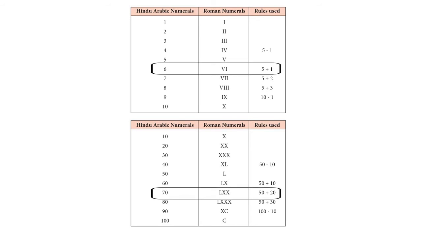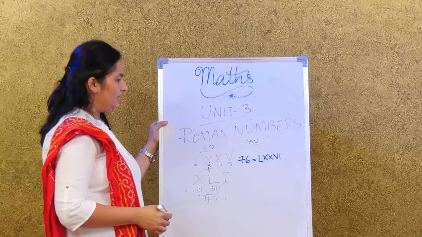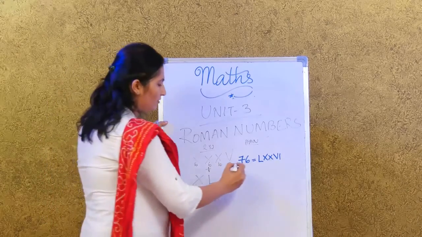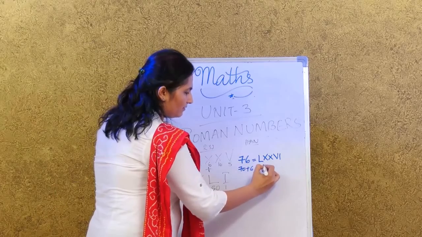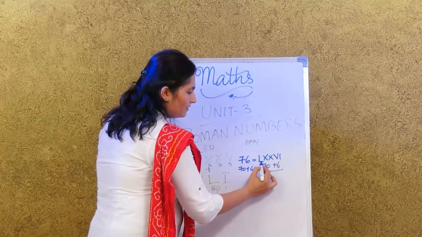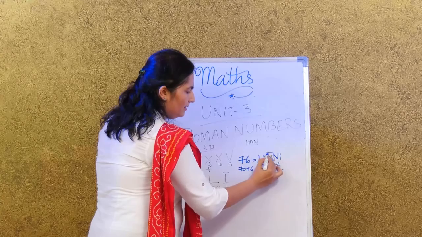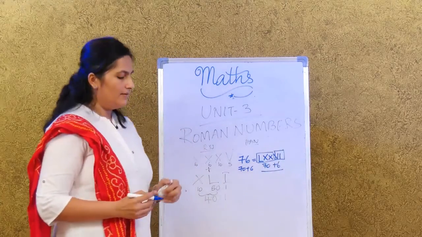In the table it tells you how to write 70 and 6. Okay. So, this is 70 plus 6. See, expanded form, 70 is this, and then 6. So, you get this.